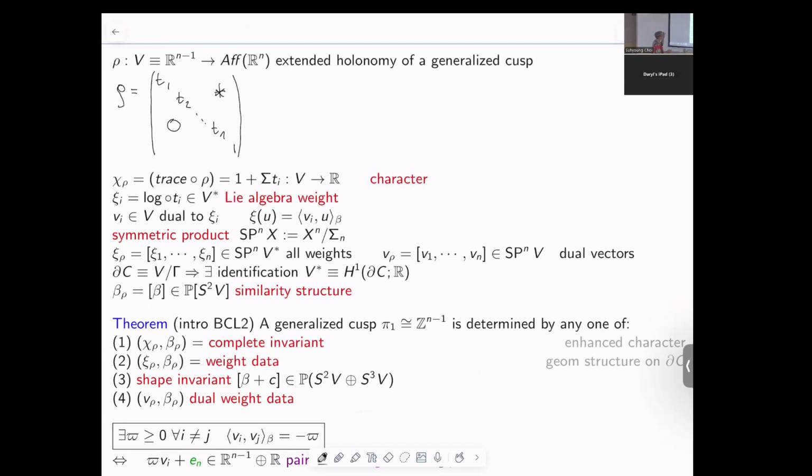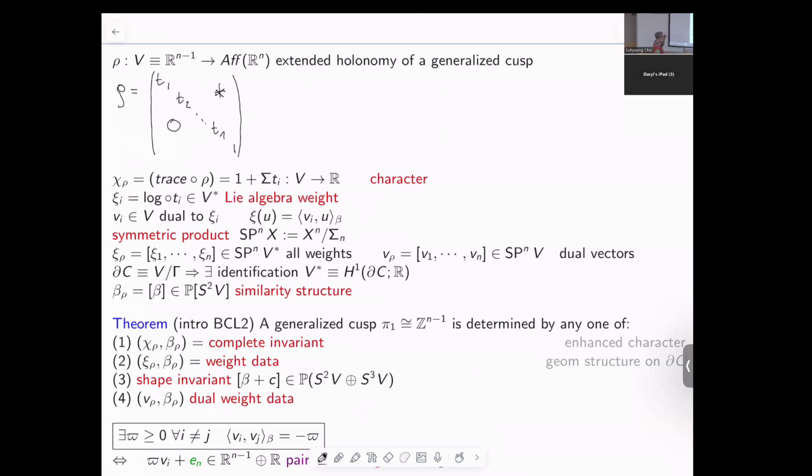So the symmetric product of a space means you take n copies of the space, the Cartesian product of n copies, and quotient out by the symmetric group. That's called the symmetric product. And so these weights up to permutation are an element in the symmetric product of the dual space.